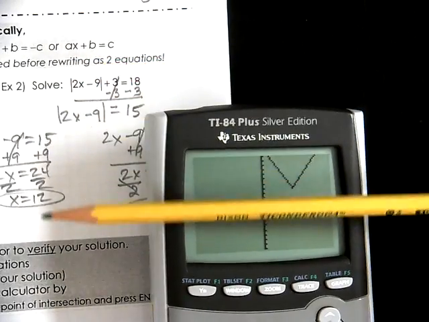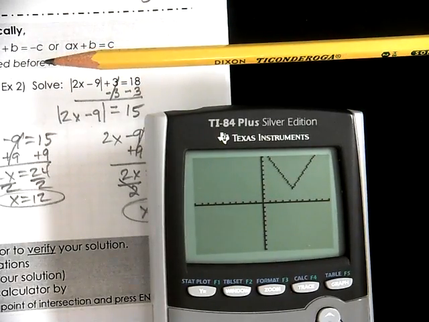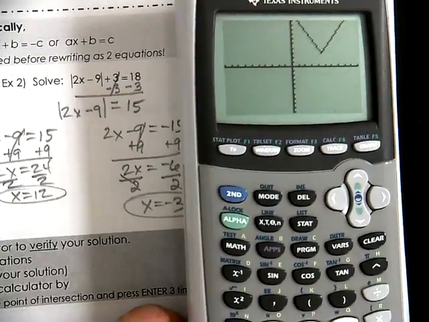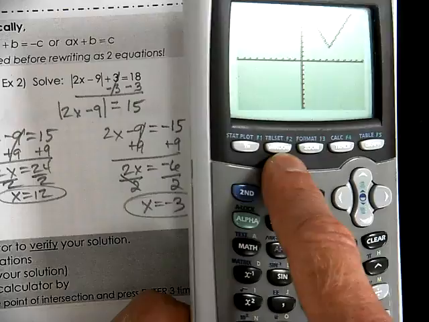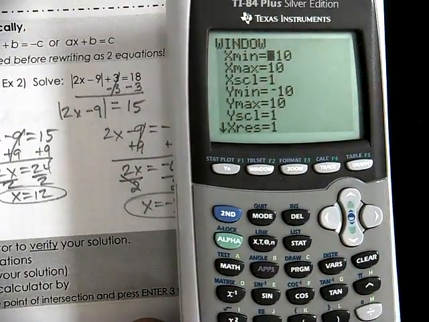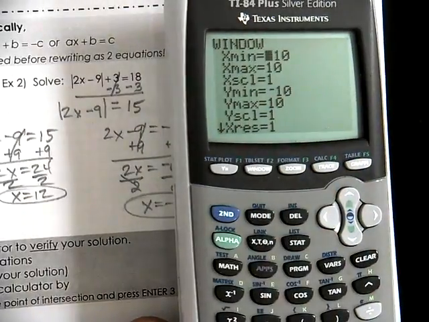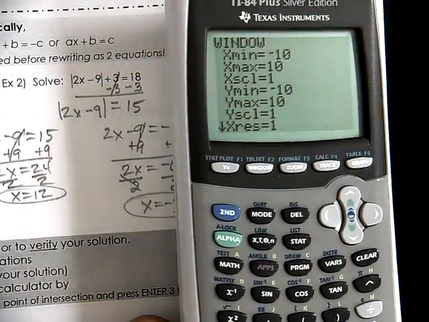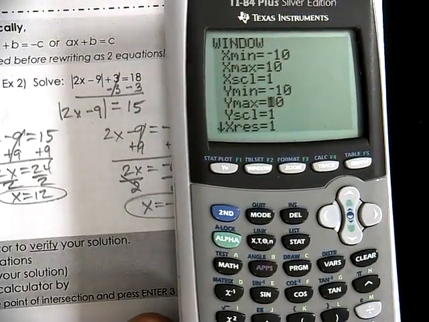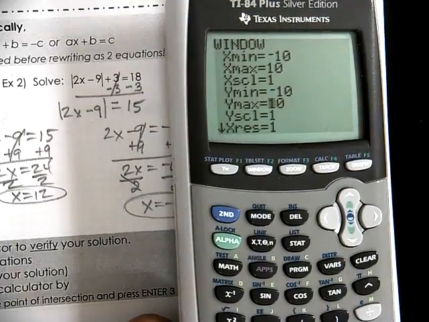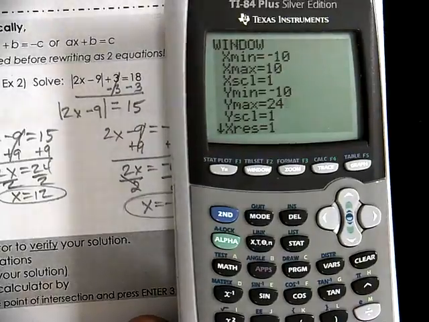I can't see that on my window that only goes up to 10. I'm up here at 18. So I need to change my window. Right here is window. Which value in this list do I need to change so I can see farther up? The Y maximum. So we come down here, we need a number bigger than 18. Okay, 25 is great, 24, 23, 22, any of those numbers would be good.